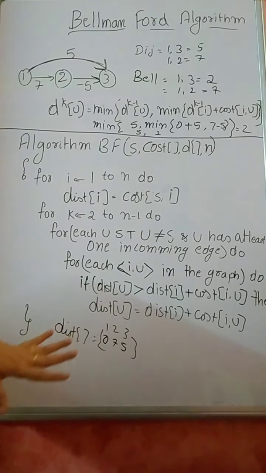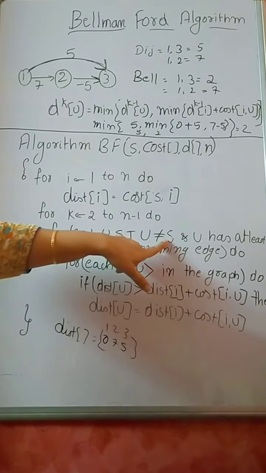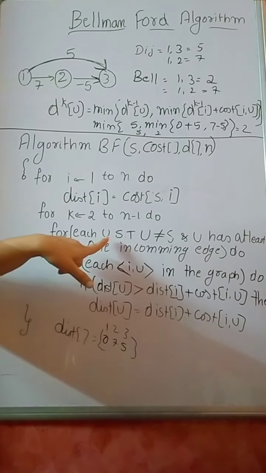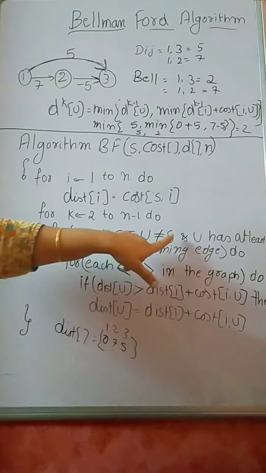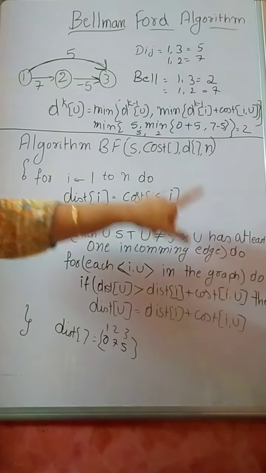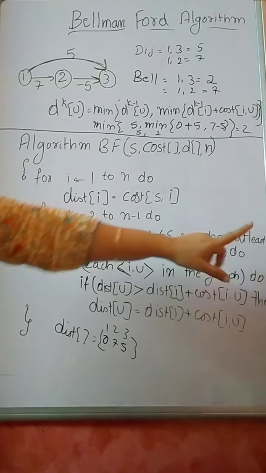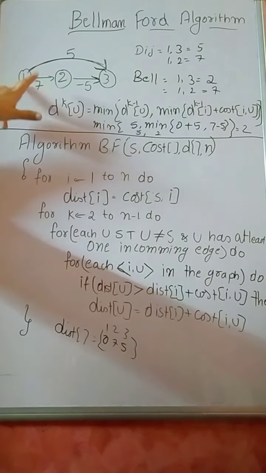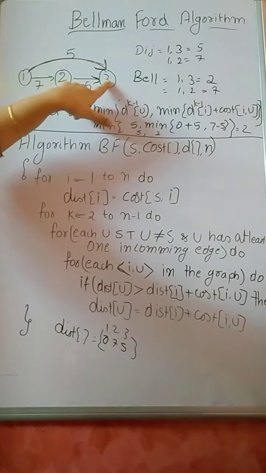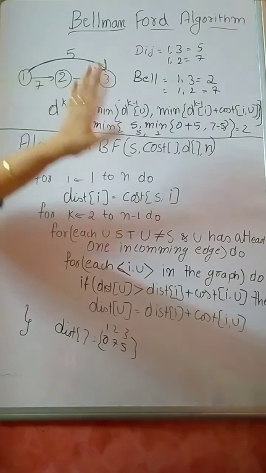Now what I have to do, for each vertex u which is not a source vertex, check that it has at least one incoming edge. So the vertices which are not the source vertex, these 2 and 3, and which have at least one incoming edge. This one has one incoming edge, this one has 2 incoming edges.